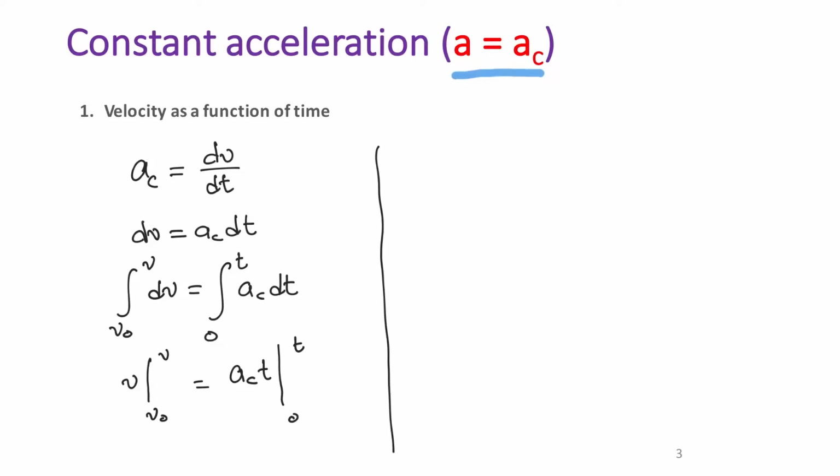Now, if we substitute, we will get v minus v0 equals a_c multiplied by t, which is, in other words, v equals v0 plus a_c multiplied by t, which is the famous constant acceleration relation between the velocity as a function of time.